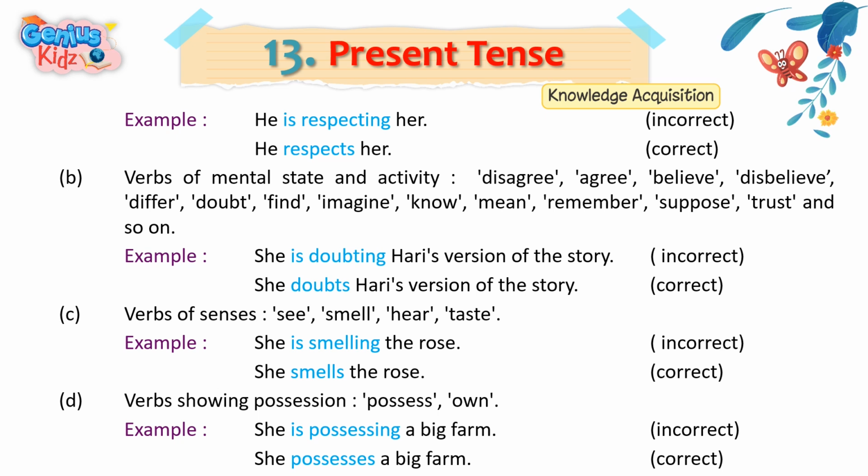C. Verbs of senses: see, smell, hear, taste. Example: She is smelling the rose. Incorrect. She smells the rose. Correct. D. Verbs showing possession: possess, own. Example: She is possessing a big farm. Incorrect. She possesses a big farm. Correct.